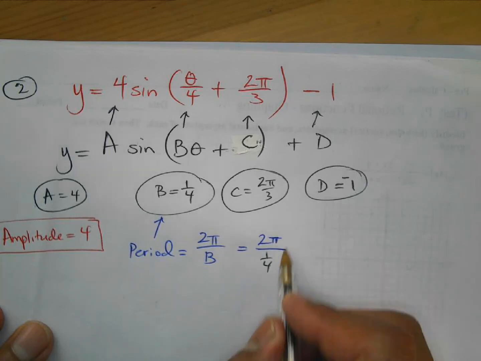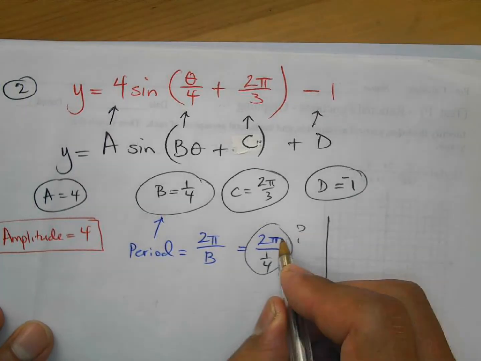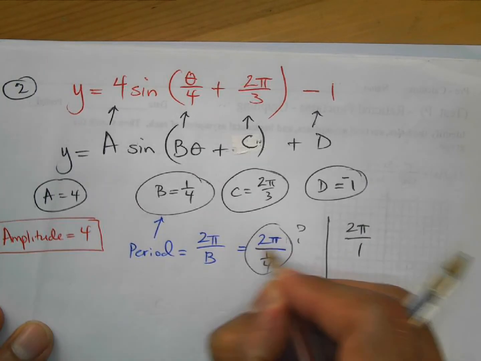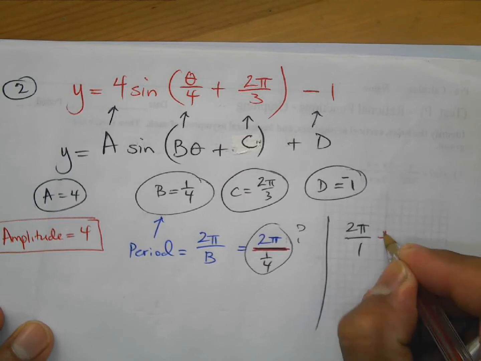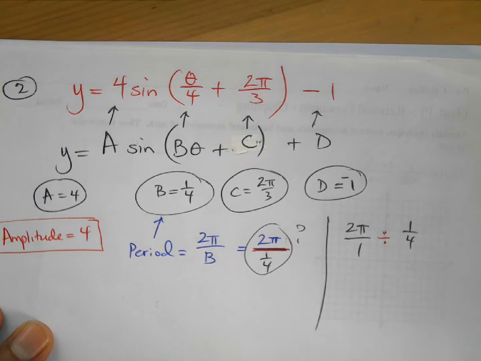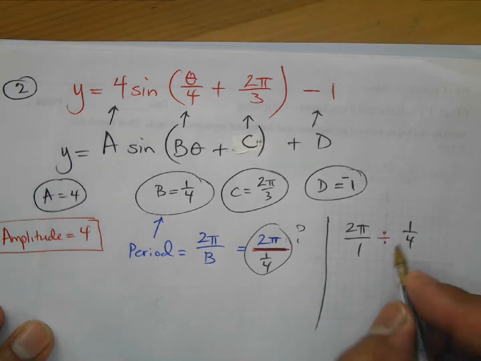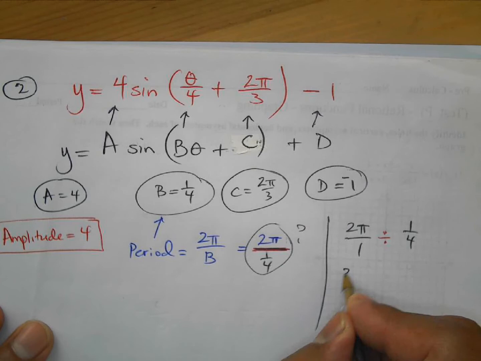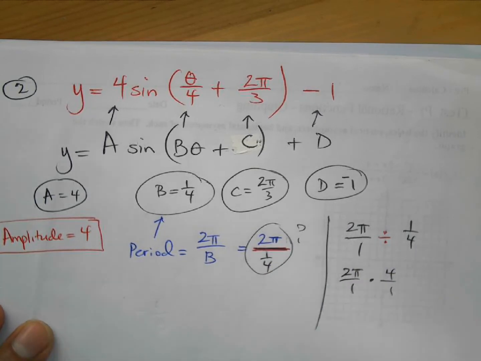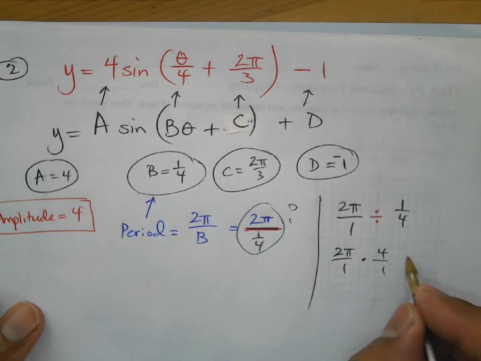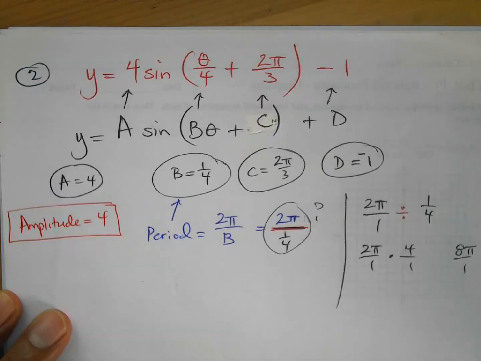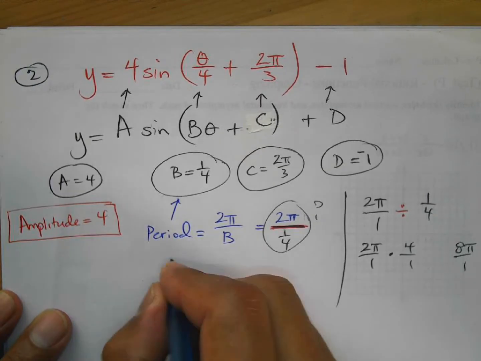This is where you do a little side work. That's 2 pi over 1 divided by 1/4. Show this step. Don't go right away into the multiply, even though some of you can do that. That'll be 2 pi over 1 times the reciprocal, 4 over 1. So this gives us 8 pi over 1, which is 8 pi. So I got the period. Period is 8 pi.